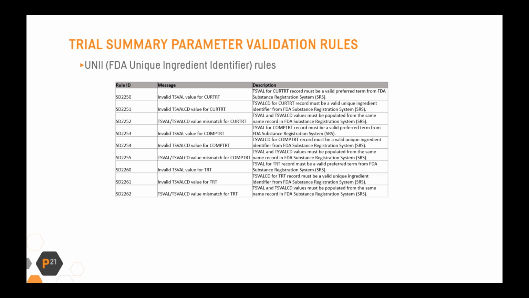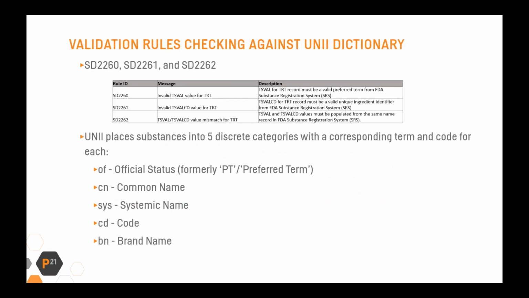Again, checking TSVAL and TSVALCD separately, and then the paired term and code against the dictionary. So we're going to talk about these three for treatment, for the investigational treatment, and some updates that Pinnacle 21 did to refine some of these rules checking against the UNII. SD2260, 61, and 62 check against that treatment parameter.